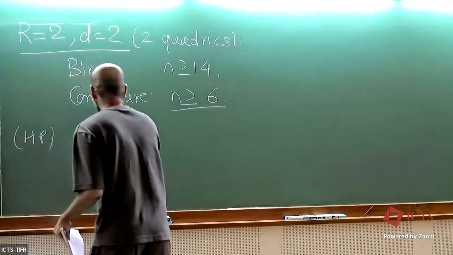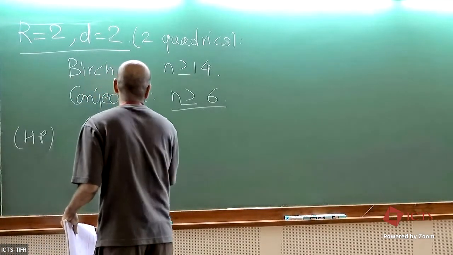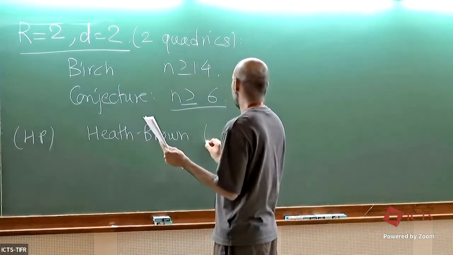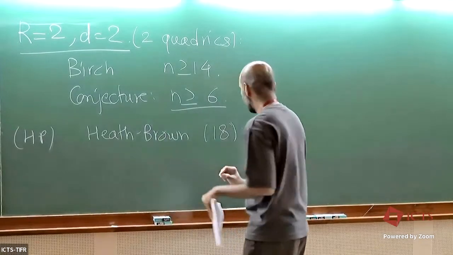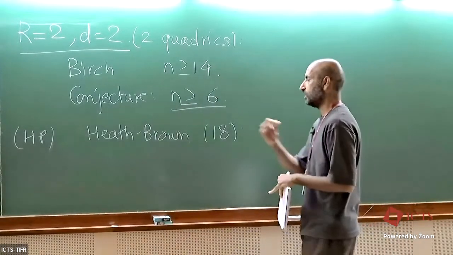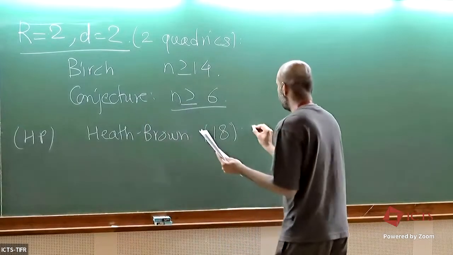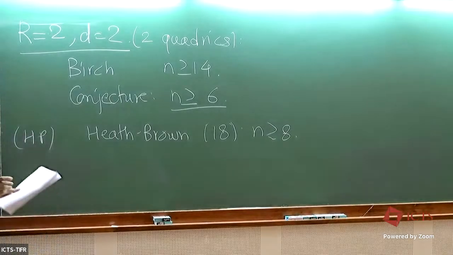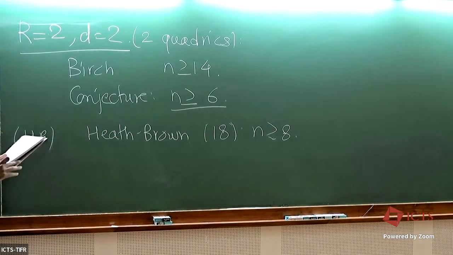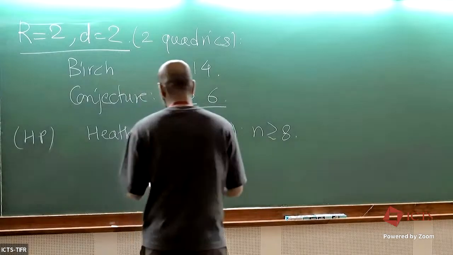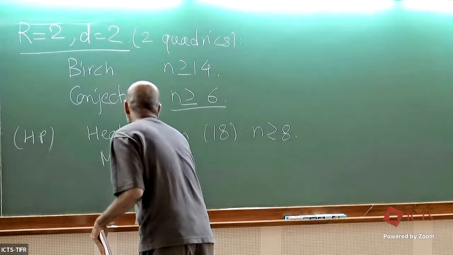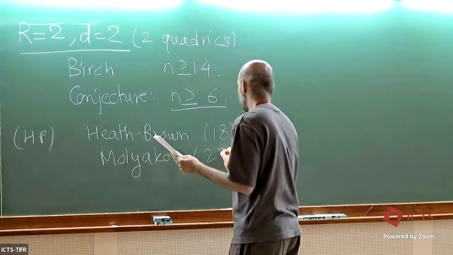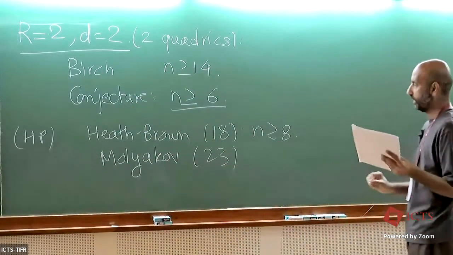And then Heath-Brown improved it. They had already a strategy for proving 8 variables, but there was a local condition that needed to be checked. And then Heath-Brown proved the Hasse principle as long as you have 8 variables. And then there's a very recent result of Molyakov, who was apparently a master's student with Colliot-Thélène.